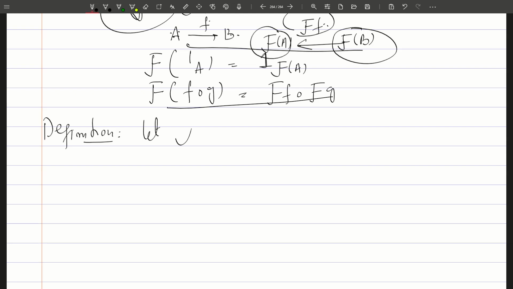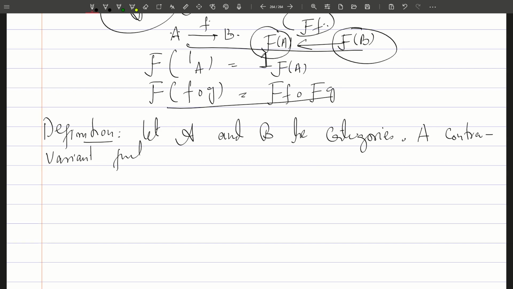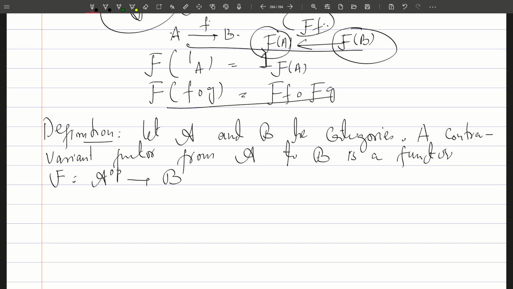So let A and B be categories. A contravariant functor from A to B is a functor, say script F, from the opposite category of A, the dual of A, to B. So this is what means that this functor reverses the arrows.